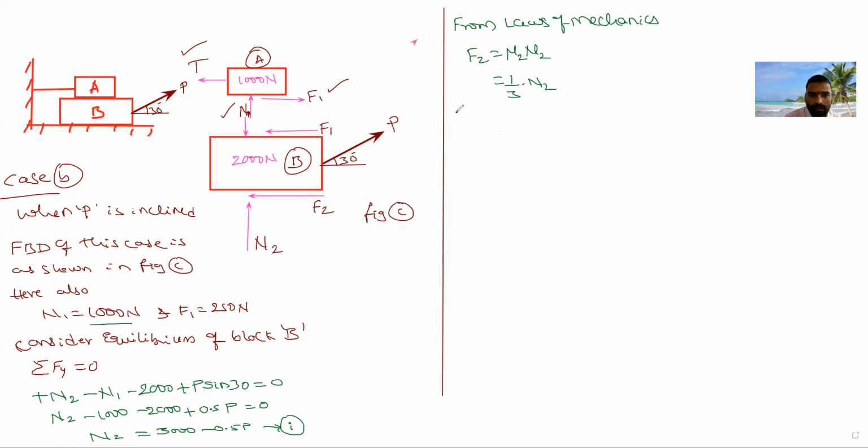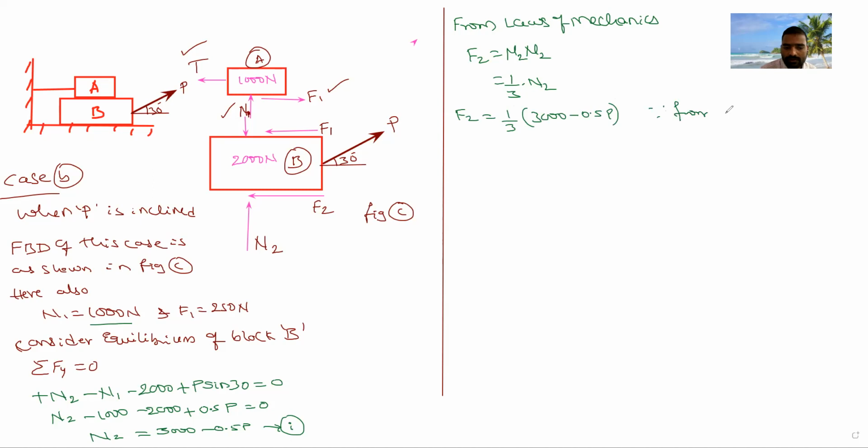F2 is equal to 1 by 3 times N2, and N2 is 3000 minus 0.5 times P, from equation 1. So you can write here, 1000 minus 0.5 divided by 3 P. So this is equation number 2. Is it understood? Equation number 2?